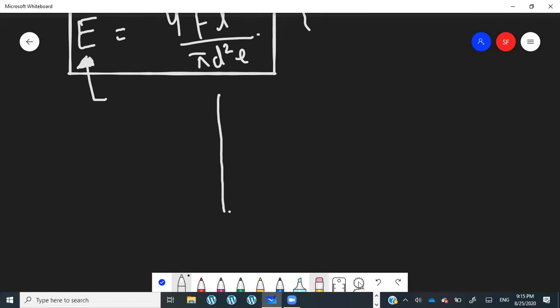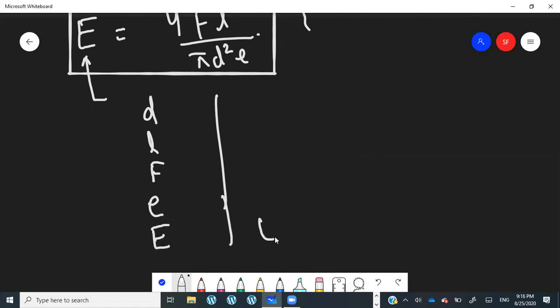And okay, now let's assume you had an original wire of diameter D, length L, force F, and extension E as well, and Young modulus of E. You have a second wire of the same Young modulus. You need to calculate its extension if the diameter has doubled, keeping everything else constant.